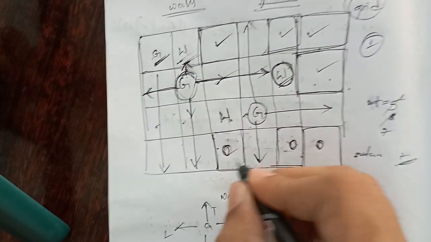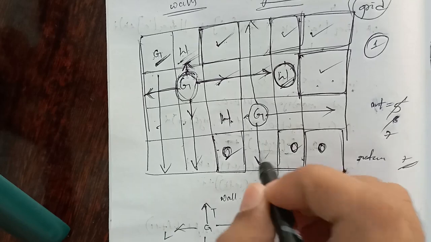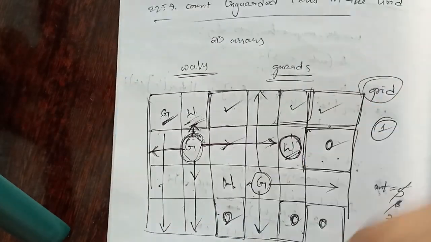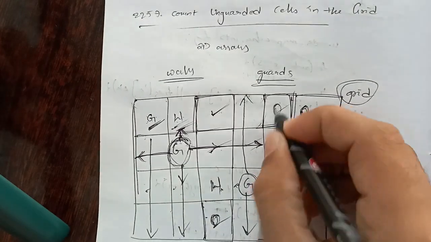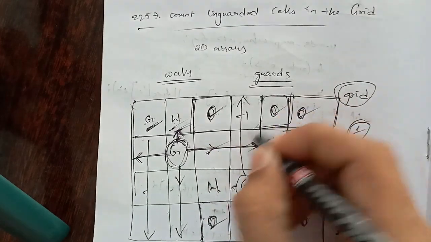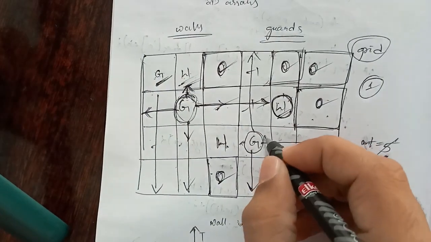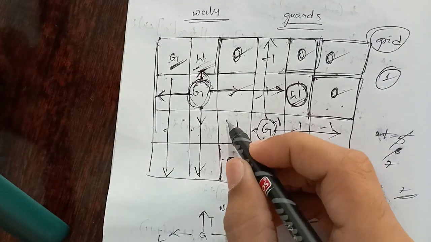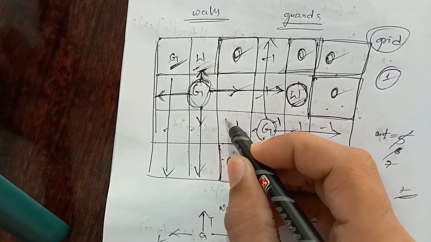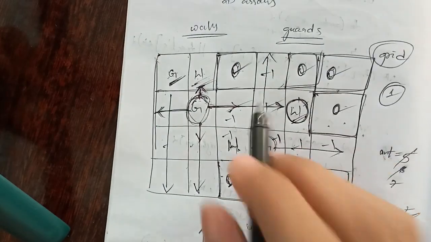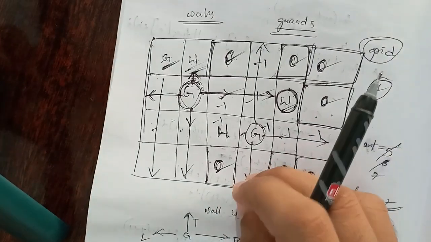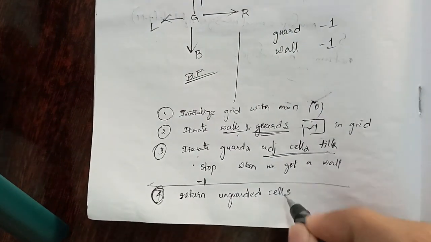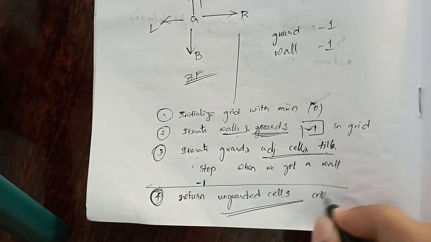No wall obstructs this cell, and no guard can see this cell. As we have already initialized everything with 0, the cells where guards can see will be -1, and the cells that are present with walls will be -1. So we need to count the number of zeros present in the created grid and return that count.